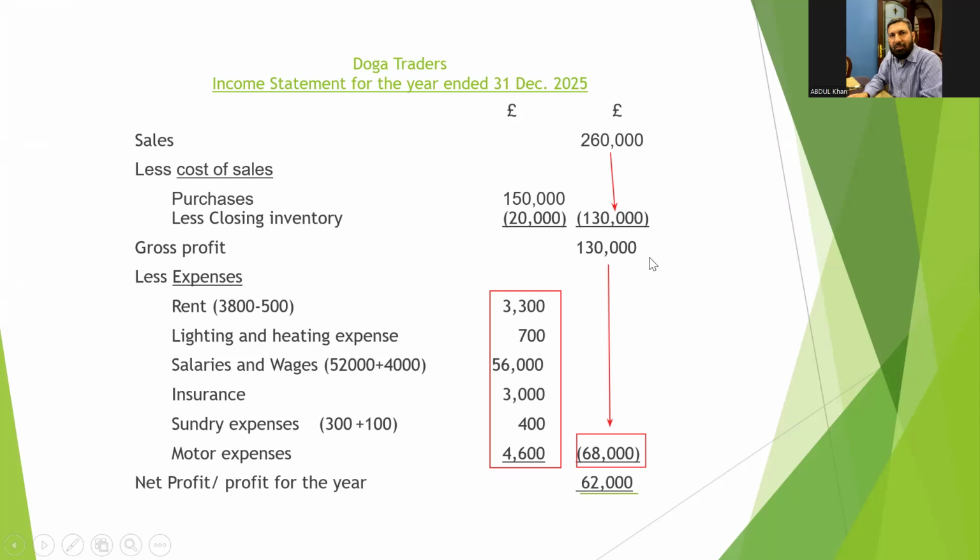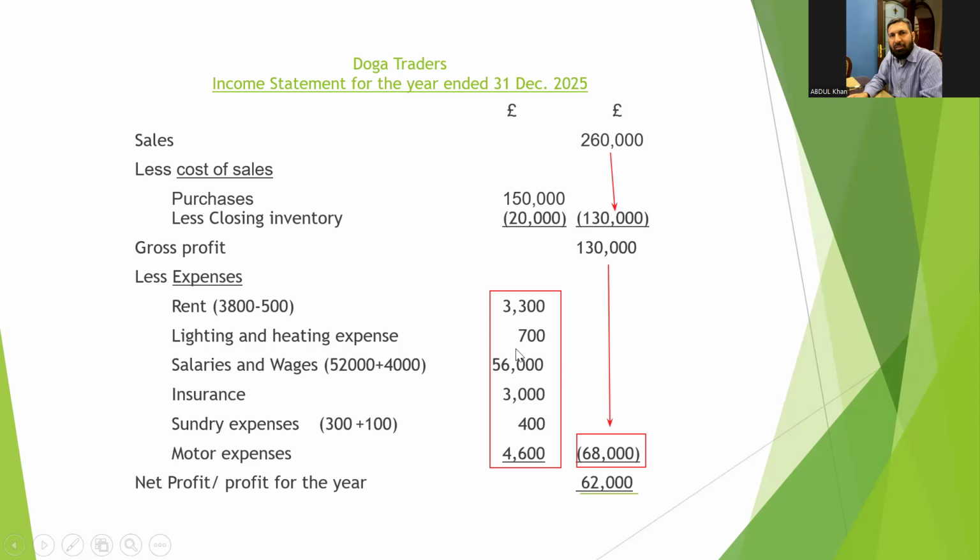If you are putting a bracket, that means minus. Remember, we don't use a minus sign in accounting. Whenever we want to write minus or subtraction, we simply write a bracket. Bracket means minus sign. So 260, 130, then that is your gross profit.